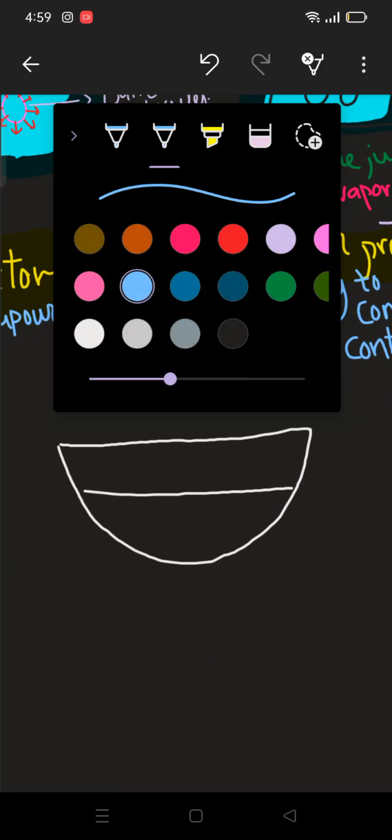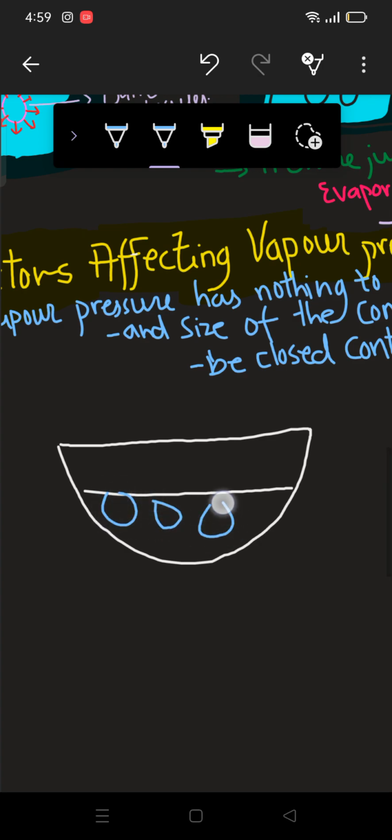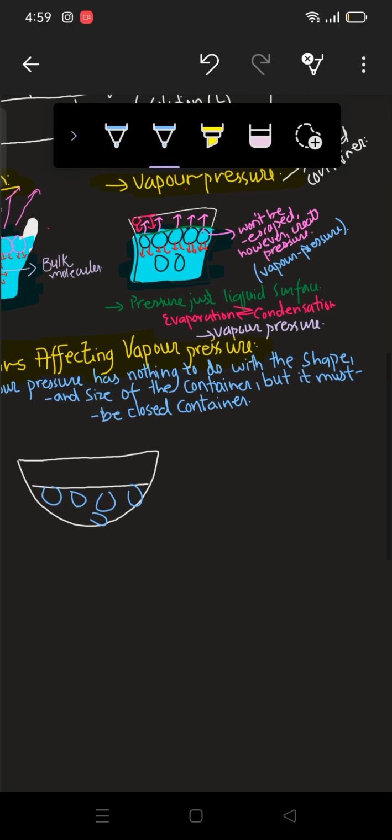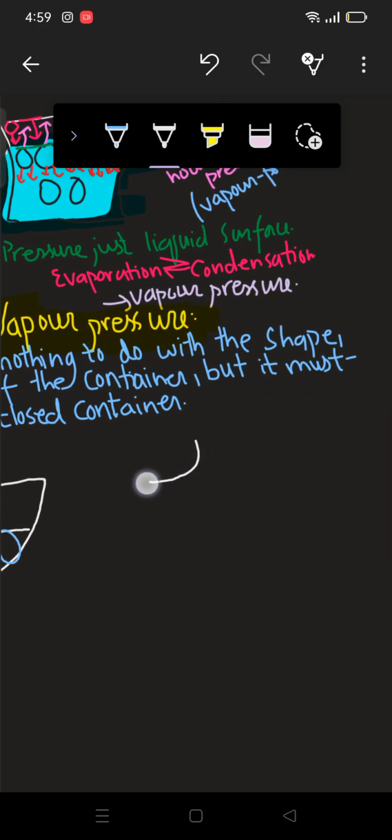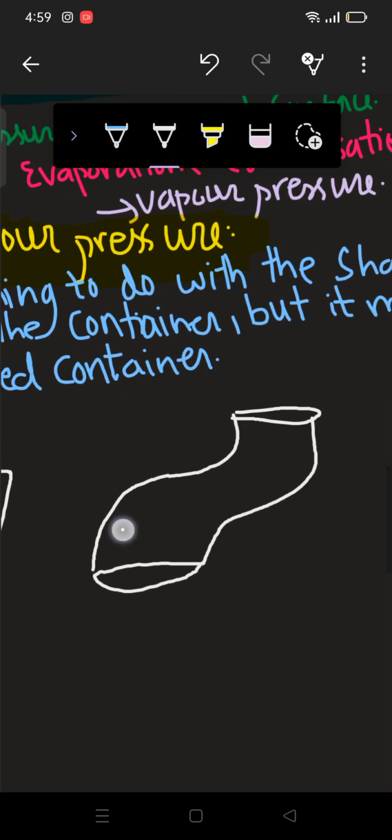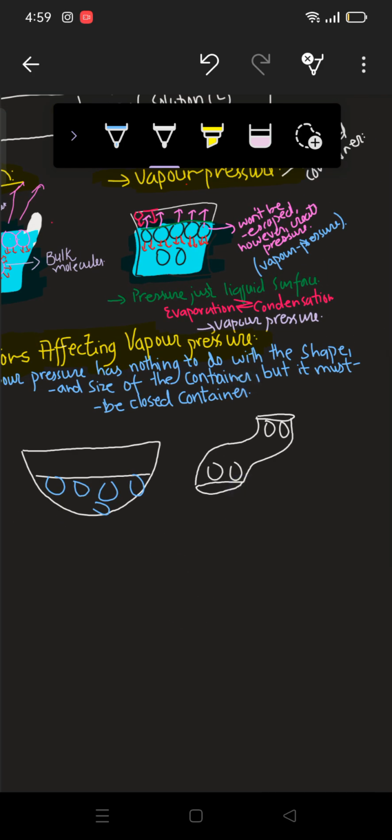You have nothing to do with the size of the container. You just need a closed container.